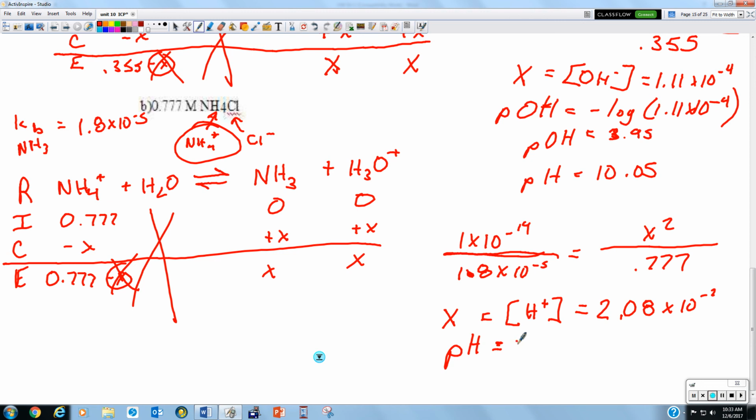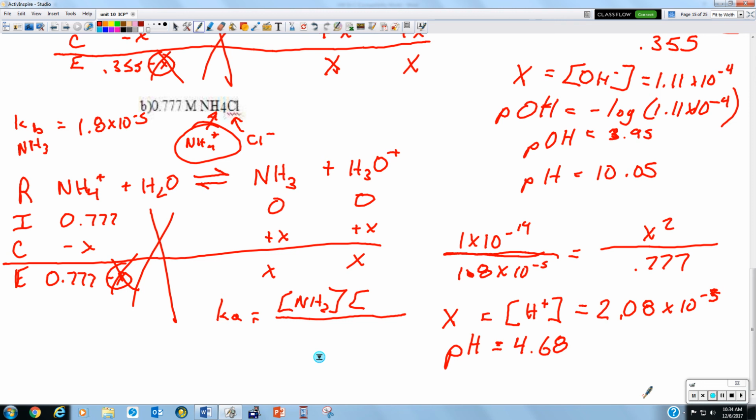That gives us a pH of 4.68, right? If we take the negative log of this number, that's going to give us our pH because we're already in hydronium here. This should be 10 to the negative 5, not... unless, let me try it another way.